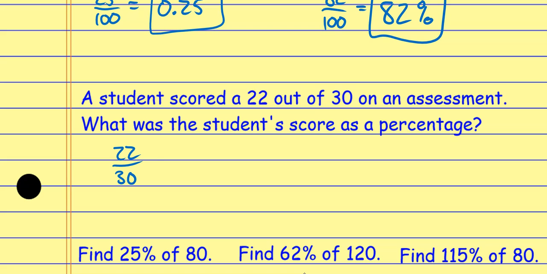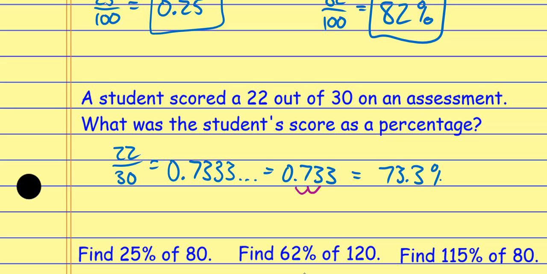It gives me 0.73 with the 3 repeating over and over again, okay? And if I just rounded that off, it would be 0.733, something like that, okay? But now I want to write that as a percent, so move the decimal 2 places. 1, 2. And that's the shortcut version. Well, that's a 73.3%. Okay?